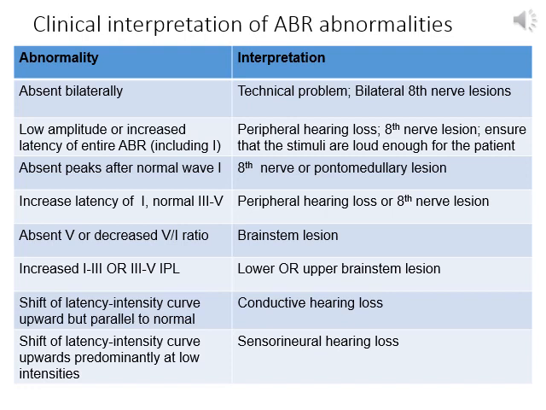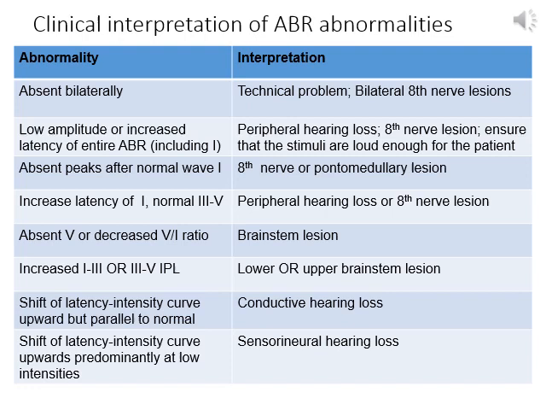If there is an increased interpeak latency between waves 1 and 3, or between waves 3 and 5, this would suggest a lower or upper brainstem lesion, respectively. If the patient is cooperative enough for testing at different decibel levels, then a latency intensity curve could be plotted.